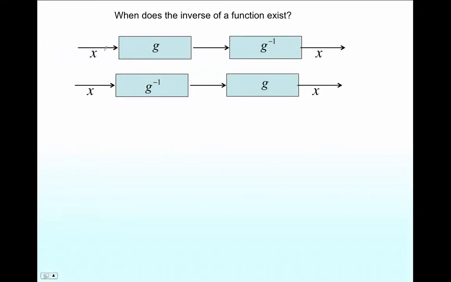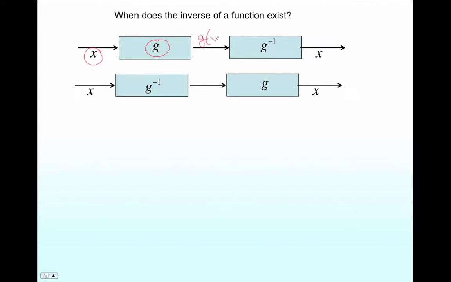But what exactly is the inverse of a function, and how do you know that the inverse exists for a particular function? Let's look at that first. Let's quickly remind ourselves of the definition of the inverse of a function, and also when that inverse might exist. So here is a number x that goes into the machine or the function g.